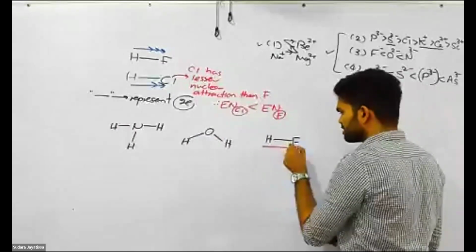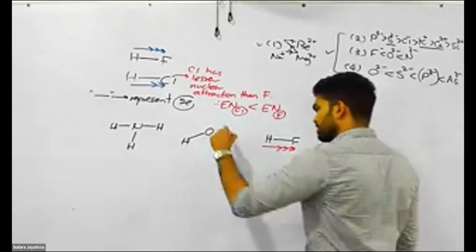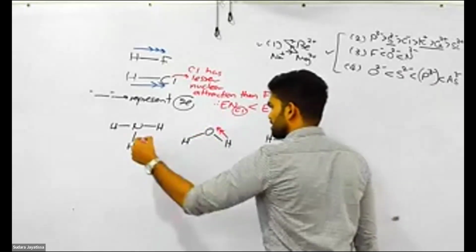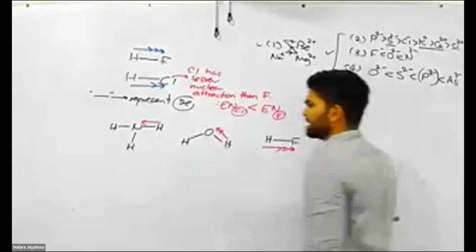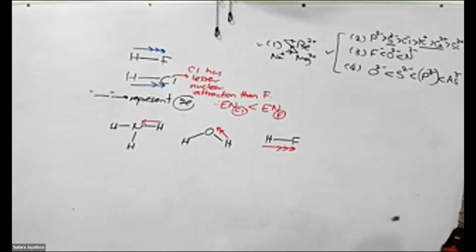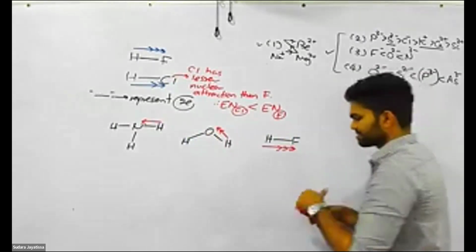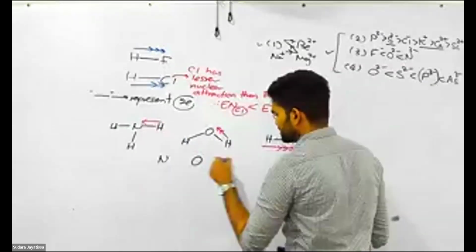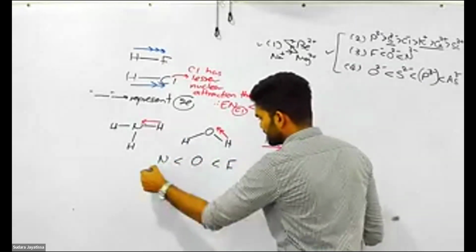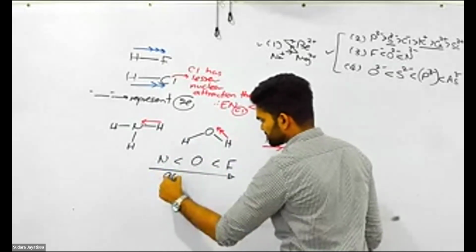Fluorine is more electronegative than any of these, then oxygen, and then nitrogen. Why? Because nitrogen, oxygen, fluorine across the period: electronegativity increases.